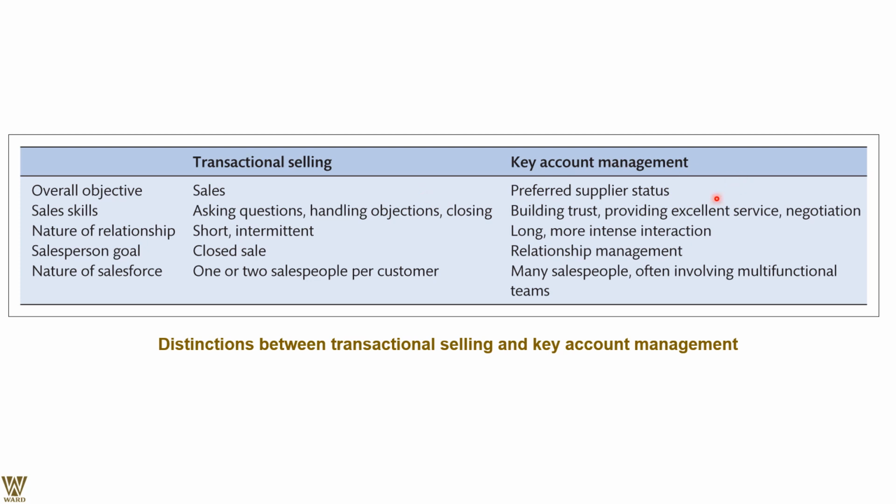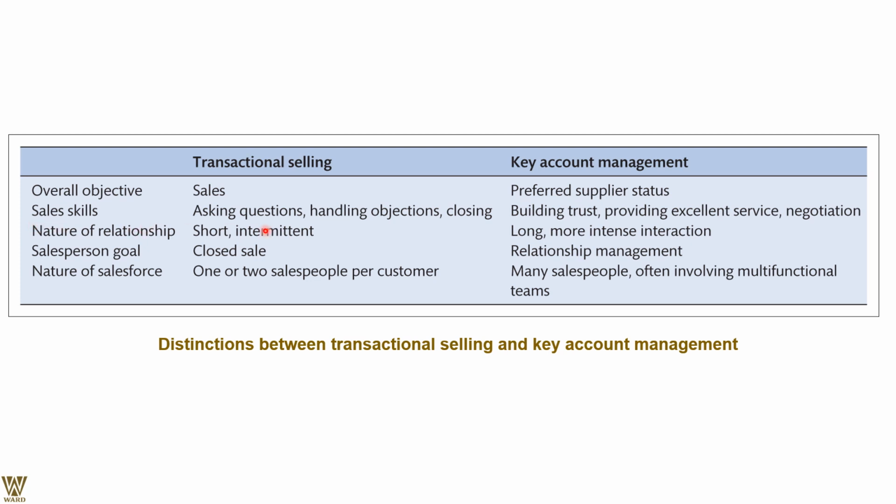But in key account management, it is preferred supplier status that we go for. Why preferred supplier status? We understand the nitty-gritties. We understand the survival of both the account manager, the vendor and the vendee is at stake. So we start working as a partner, and that is where the preferred supplier status comes in.